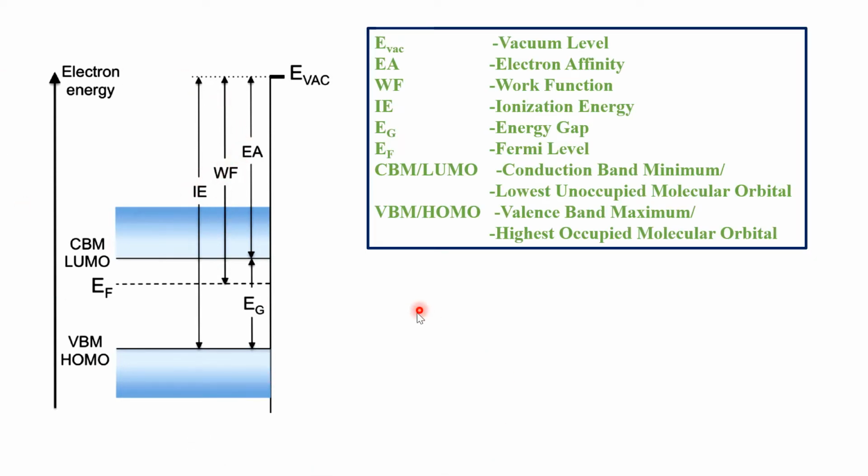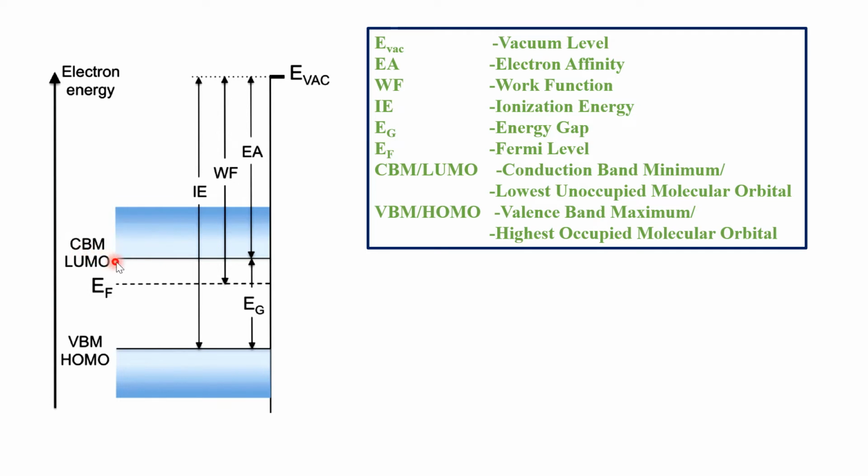And in this figure, we have many terms, right? So this is the valence band. I already told there are many electrons present, and this is the maximum energy region of the valence band. Hence, it is called the valence band maximum or highest occupied molecular orbital. And then on the conduction band, this is the minimum energy of the conduction band, right?